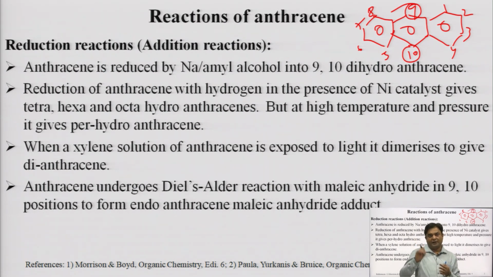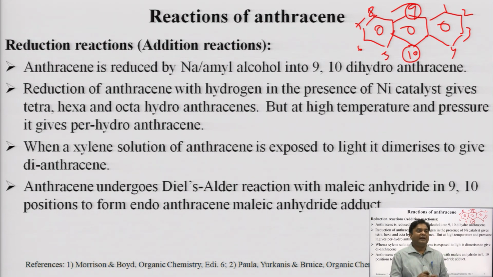Reduction occurs by addition of hydrogen atoms at the 9 and 10 positions of anthracene. Anthracene can also be reduced in the presence of a sodium catalyst. When heated with sodium catalyst, it first gives tetrahydroanthracene, then hexahydro, then octahydroanthracene, and at the last, with high temperature and pressure, perhydroanthracene. It is the totally reduced anthracene as the end product.